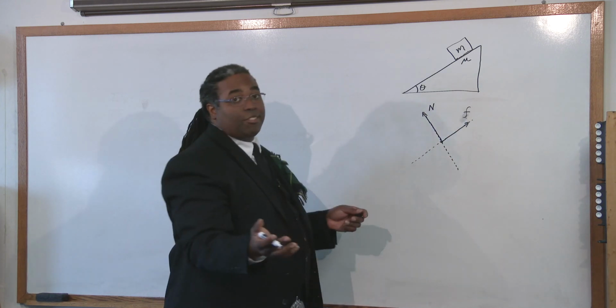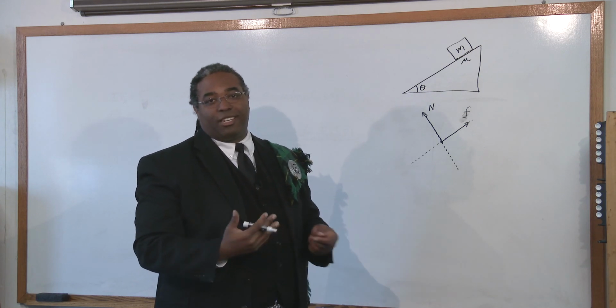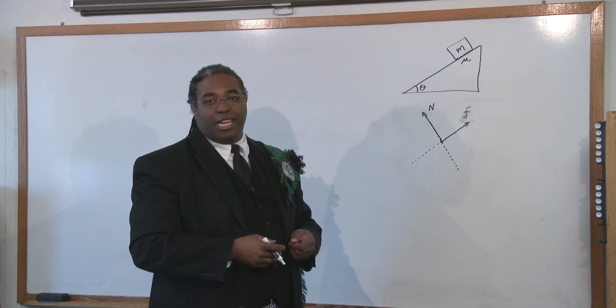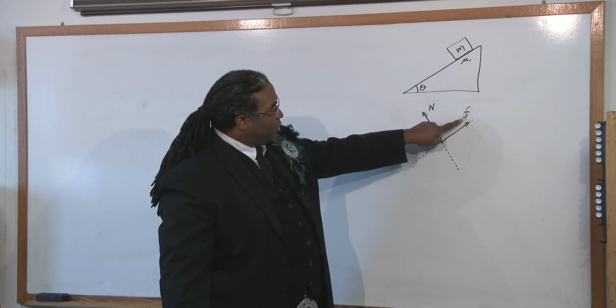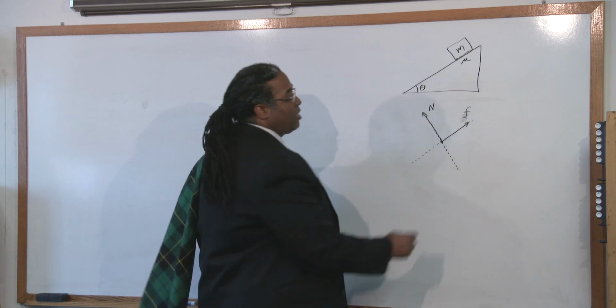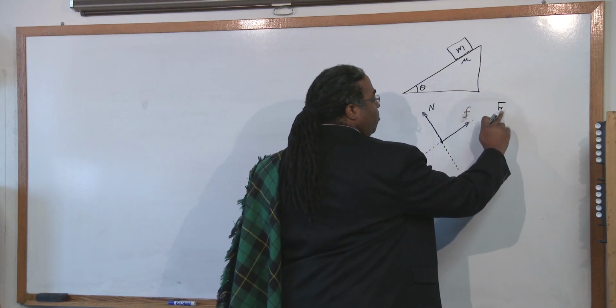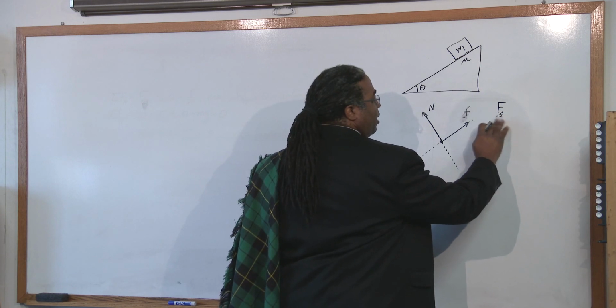And just so that I mention it, I realize that different physics books and different teachers have a different style of writing certain symbols. You'll notice that my friction is a lowercase cursive f. Sometimes you might have a professor that just writes it as a lowercase f, meaning friction.